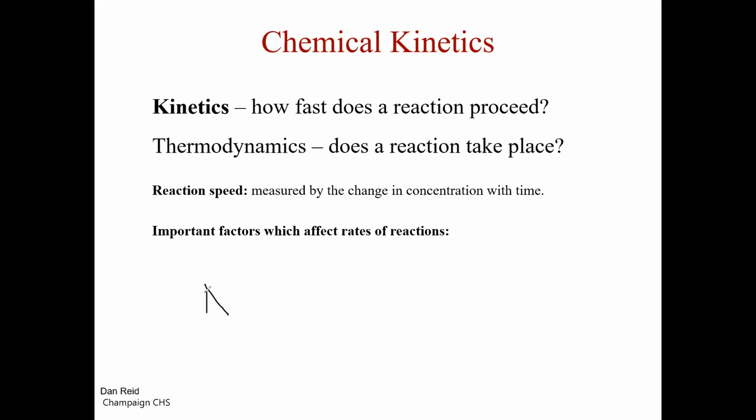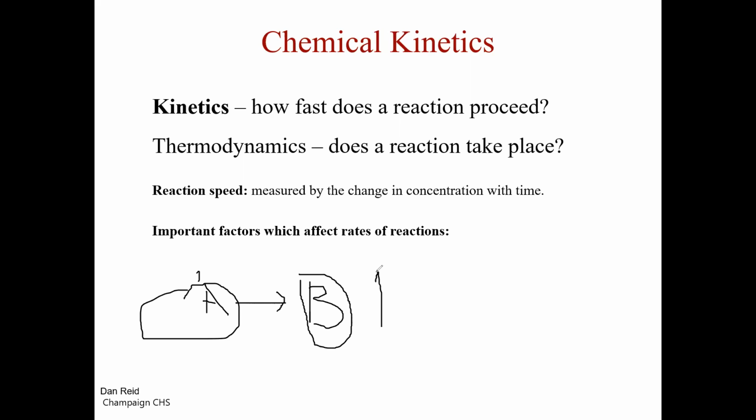For example, if we have A as a reactant to produce B, before A is converted to B, of course, the concentration of A must decrease and the concentration of B must increase. So the reaction speed can be measured by the decrease in the concentration of A with time, or the increase in the concentration of B with time.